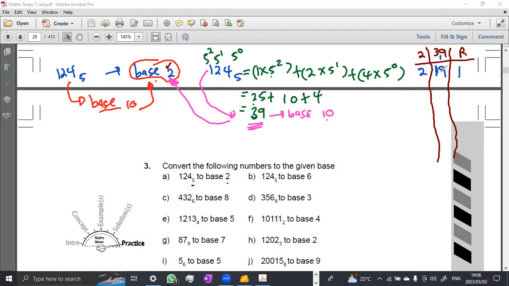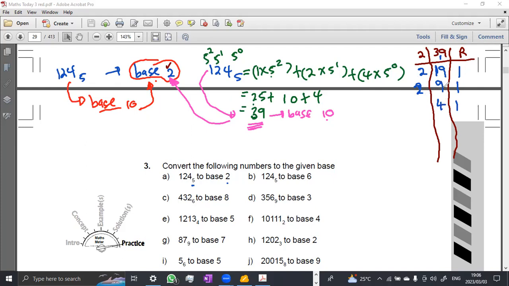Divide by 2 again: 9 divided by 2 is 4, remainder 1.